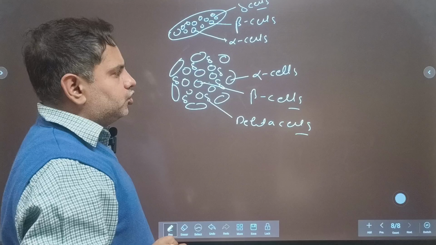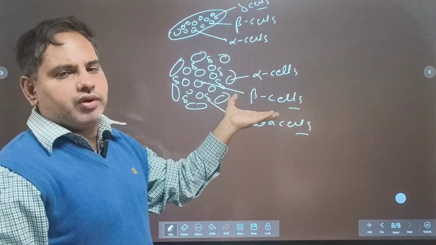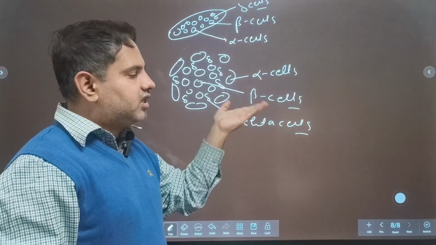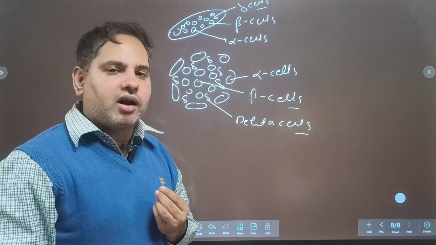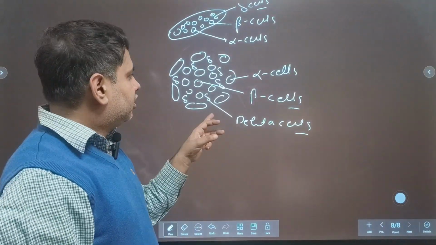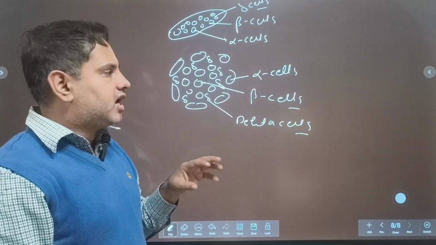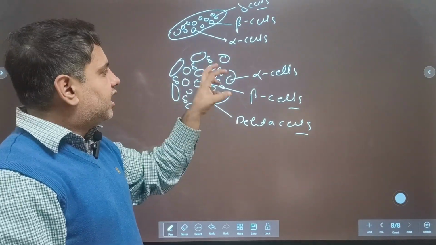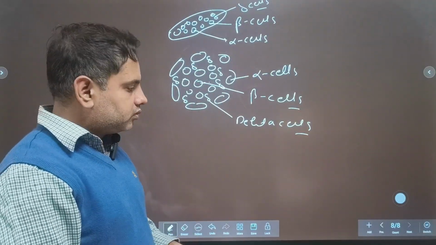We are going to understand how blood glucose level is maintained by the beta cells, which synthesize and release a very important hormone, that is insulin. Again, if you see the islet of Langerhans in the pancreas, the beta cells are in the center, surrounded by the alpha cells, and the delta cells are everywhere.